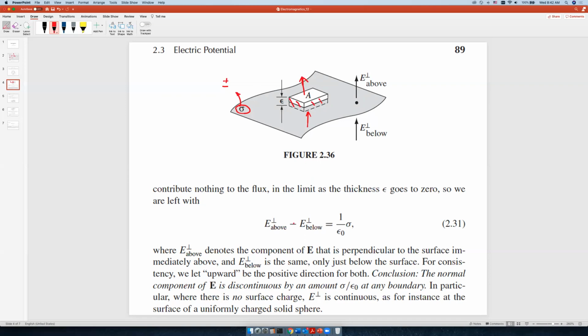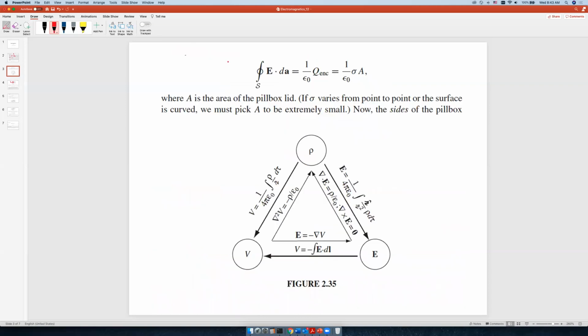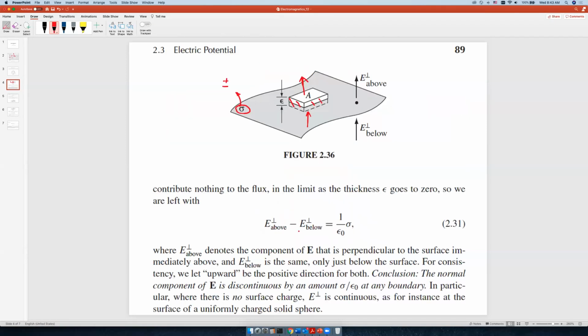In this case, the four sides of the pillbox don't contribute any E to the Gauss equation. So the Gauss equation here becomes E above minus E below equals 1 over epsilon sigma A.